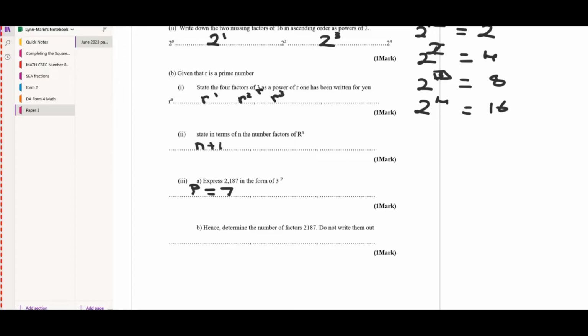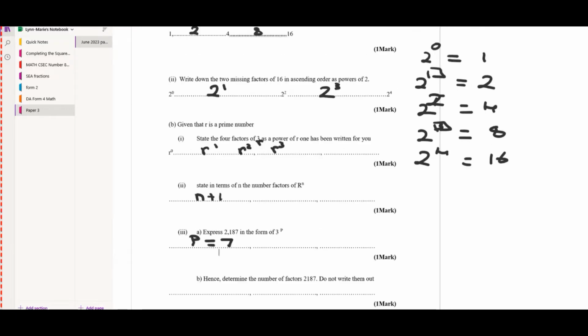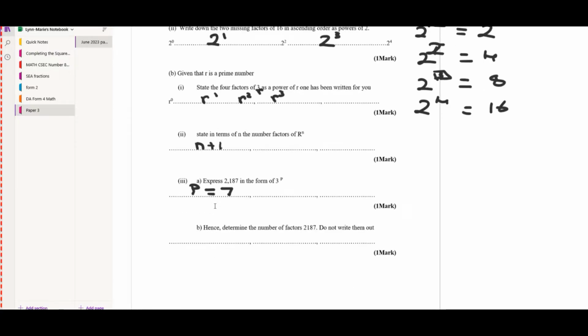Hence, determine the number of factors of 2,187. Remember, the number of factors is n plus 1, where n is your power.